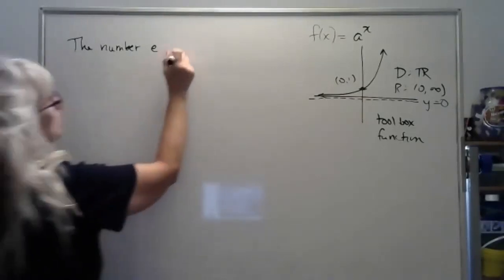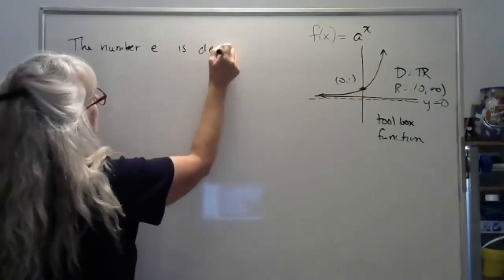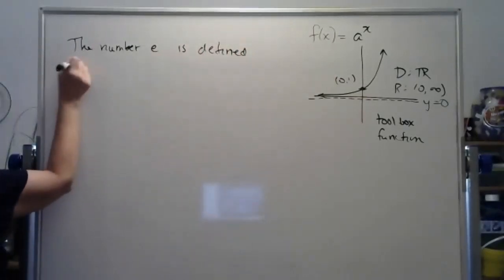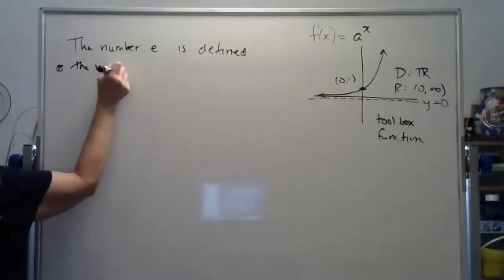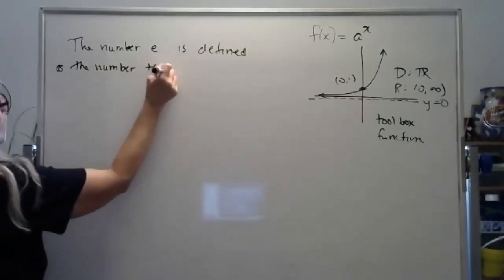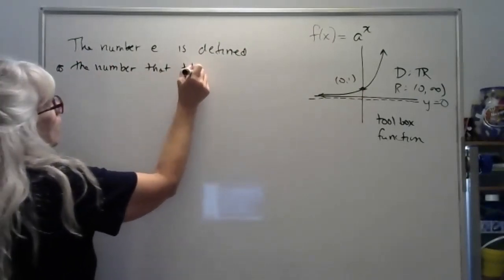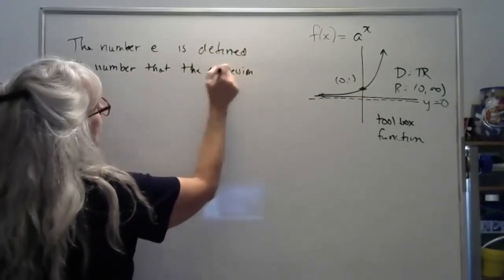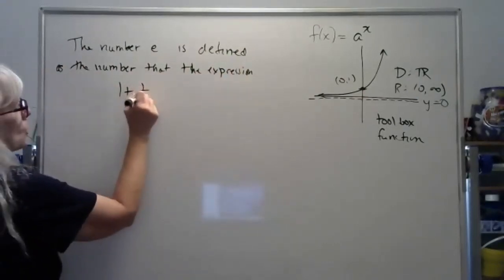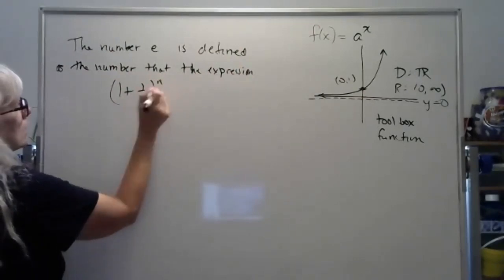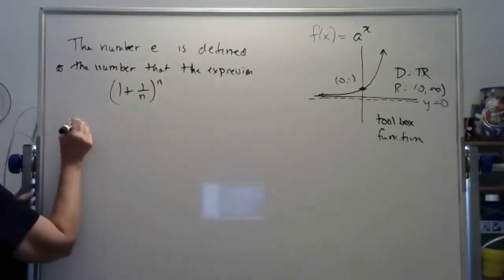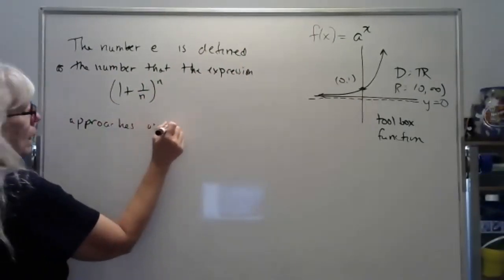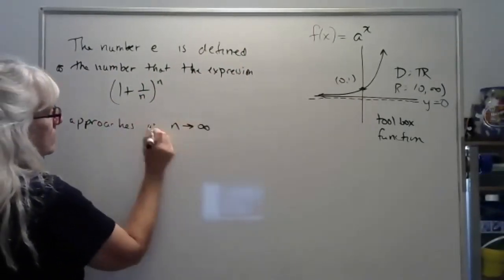So the number e is defined as the number that the expression 1 plus 1 over n to the n power approaches as n goes to infinity.